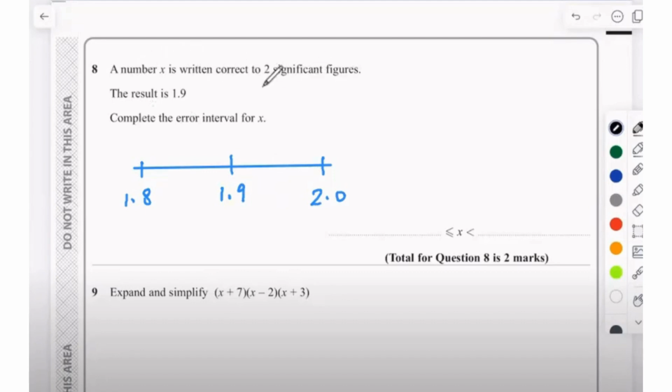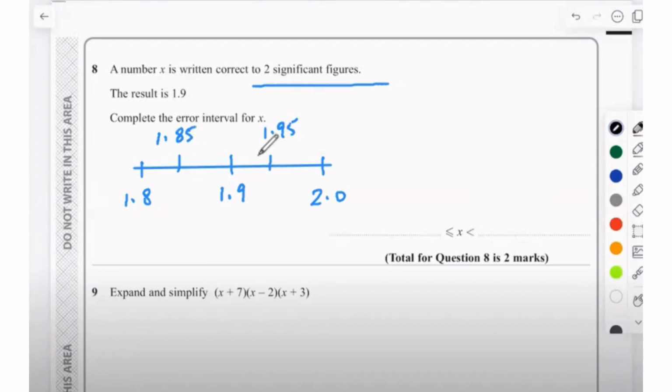A number x is written correct to two significant figures. So we know between 1.8 and 1.9, we have 1.85, which when converted to two significant figures would be 1.9. And between 1.9 and 2.0, we have 1.95, which when converted to two significant figures would be 1.9. Why? Because in the range, x is less than the maximum number.